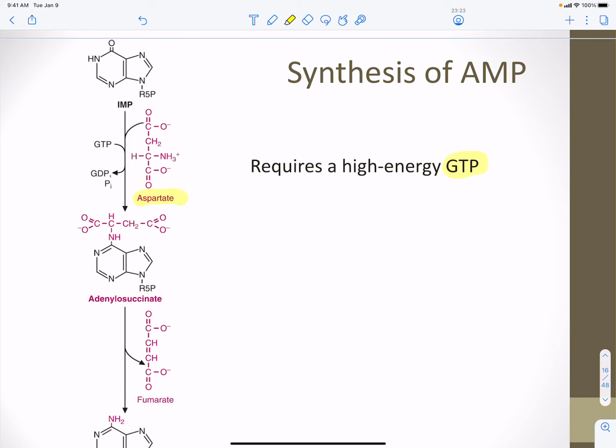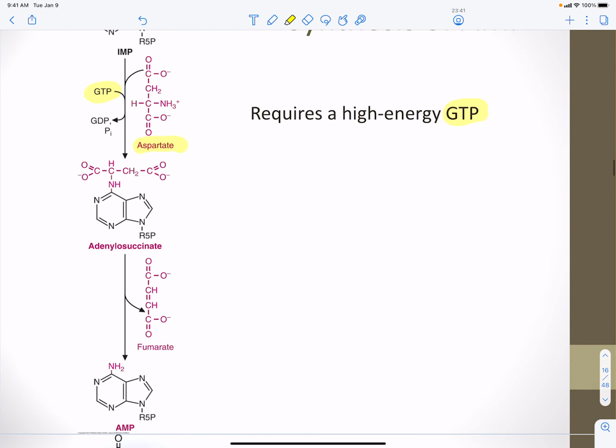And this is very similar to what we saw in the urea cycle from the argininosuccinate synthase in the urea cycle. And of course it requires GTP, which is shown here. And then after this, you are going to release fumarate, and then this is going to form the AMP.